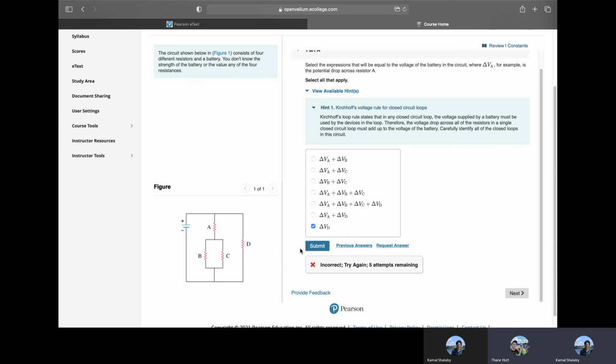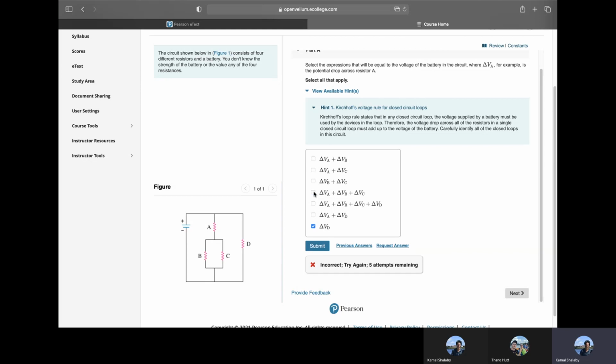It would be equal to A plus B plus C as well, wouldn't it? Okay, let's try that. You mean this one? I think so. Well, I say no. Or I mean, A, B, and C. A, B, and C. Yeah.